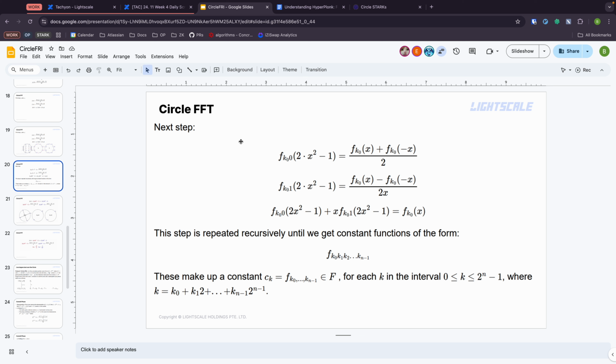Then I would like to accept the process. Maybe if you add this and this, times x, this is going to be just fk0x, right? I see. This is just the same as the regular FFT. I see.